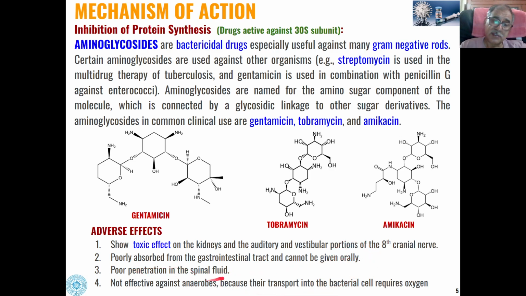In the spinal fluid they show poor penetration, so this is again a side effect. They are also not effective against anaerobes because they require oxygen for transport into the bacterial cell. So these are the common side effects of these antibacterial agents.